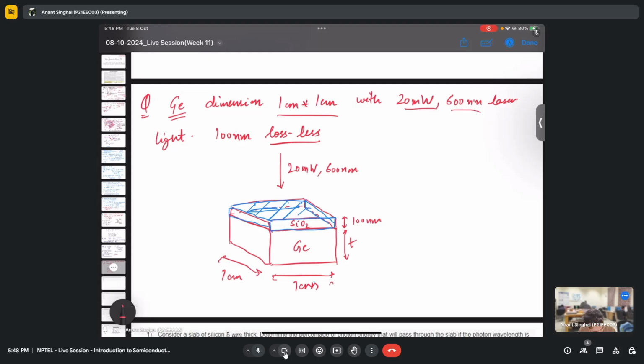The layer reflects one fourth of the total incident light.